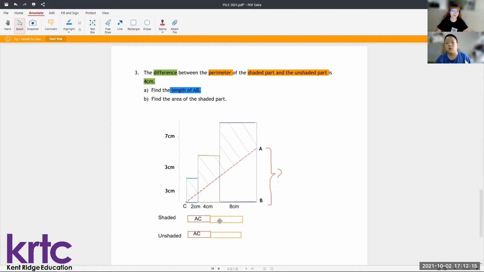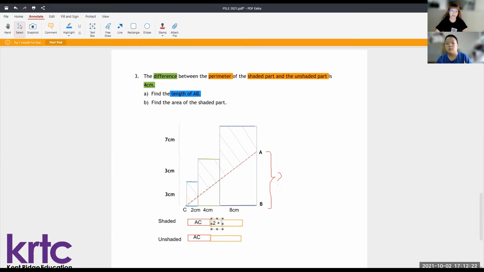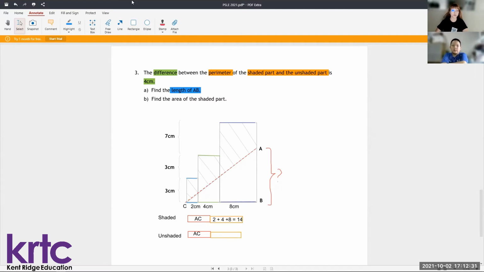What falls between this repeated orange bar is 2 plus 4 plus 8, which equals 14. So this one will also be 14 for the orange part here. What is not the same, actually they do have the same, is the vertical line.